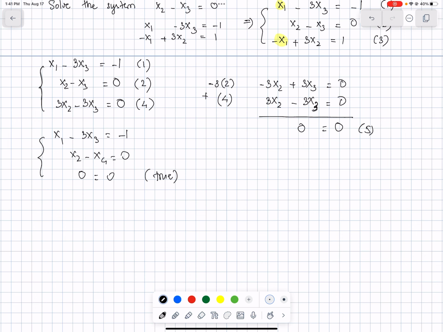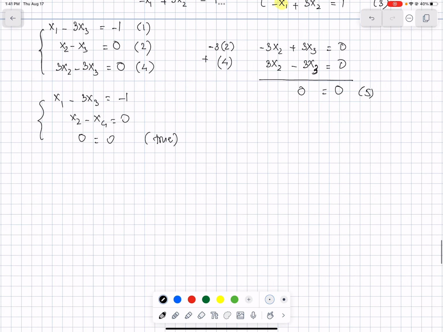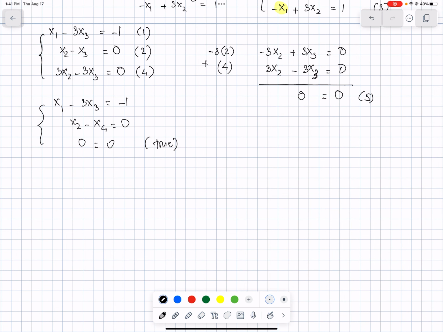How do we represent infinitely many solutions? Okay, so let's begin with the first one. We will assign the variable x3 to be some parameter t. Then to solve for x2, we will use the second equation.